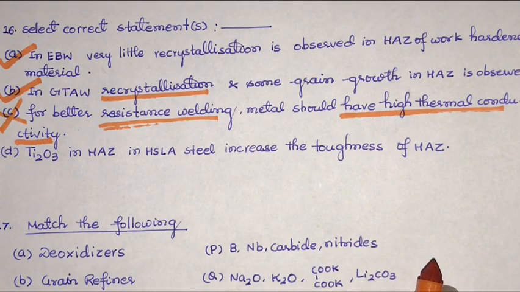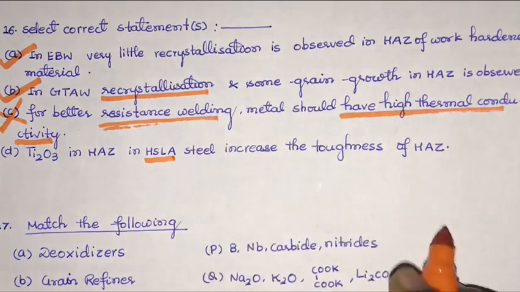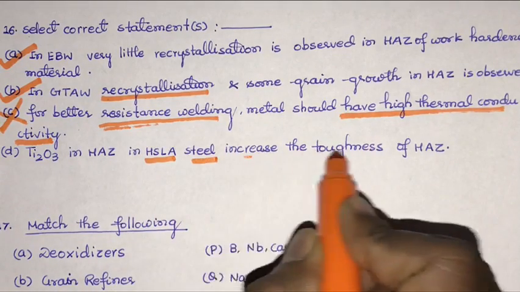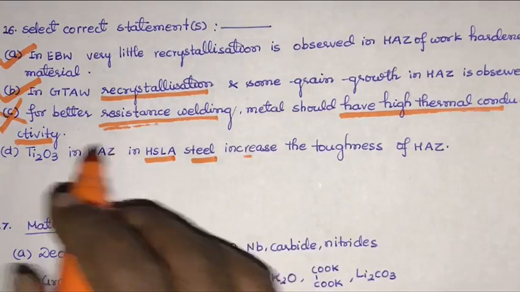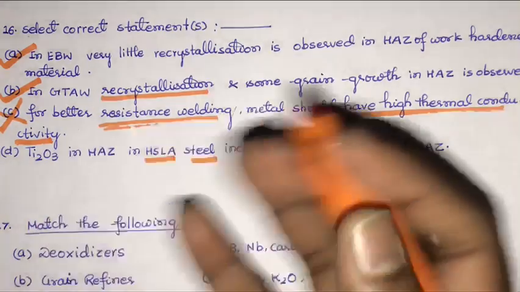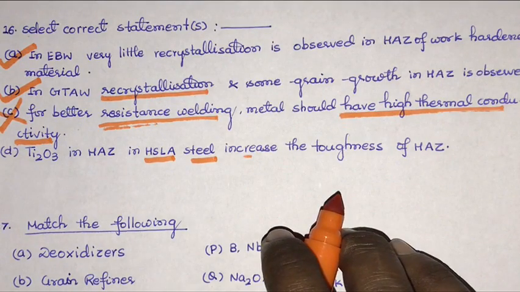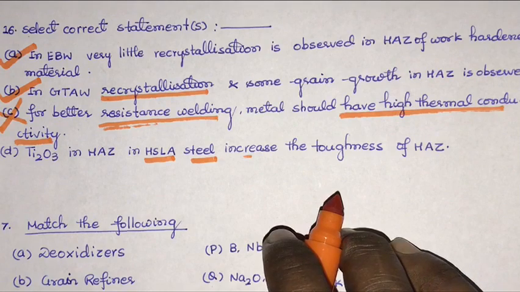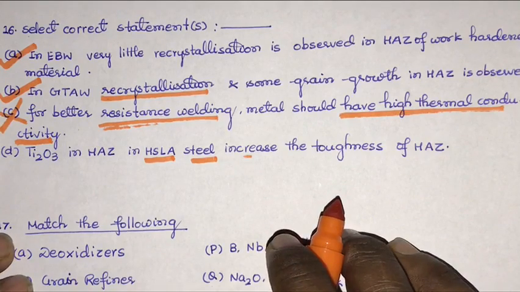Titanium oxide (Ti2O3) in the heat affected zone in high strength low alloy steel increases the toughness of the heat affected zone. Ti2O3 is a very stable oxide and it does not dissolve even at high temperature. So it does not stop grain growth, because it does not get dissolved in the molten metal.